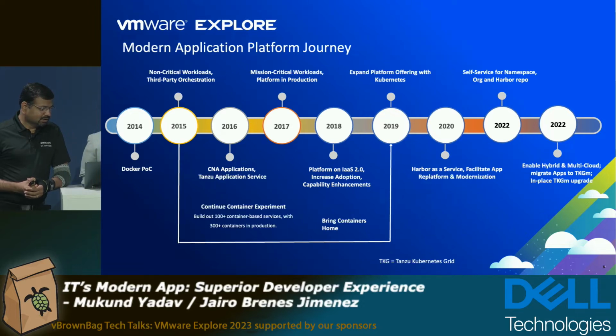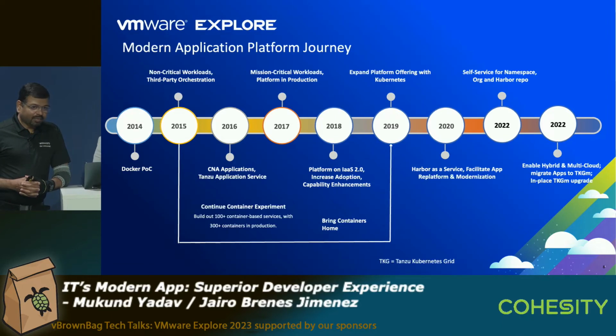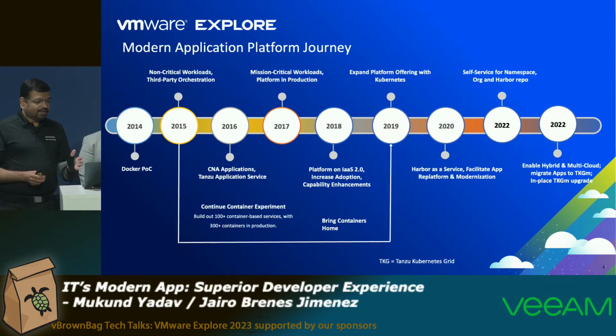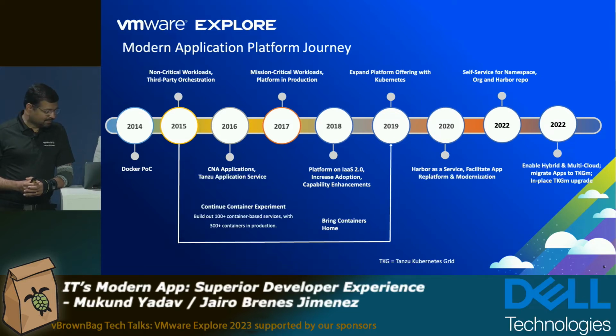This is the first platform that we introduced to our developers, running on 2 data centers, and it was a highly available platform so that developers could develop their code and deploy into cloud native architecture and applications. Then slowly, when the Kubernetes world came and VMware introduced the Tanzu portfolio, we started building the TKG platform for our developers.